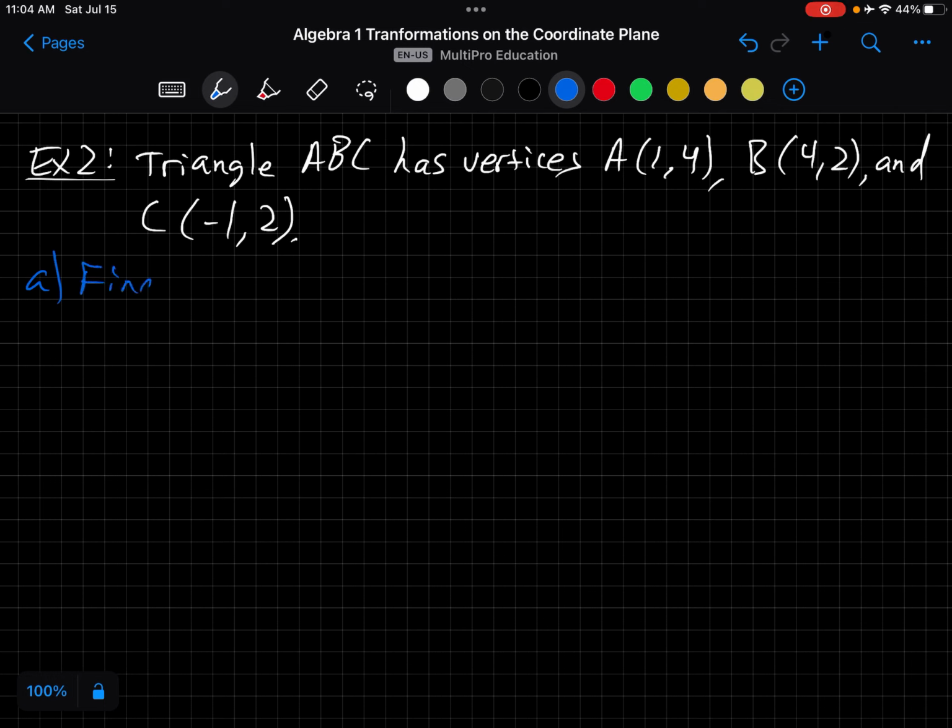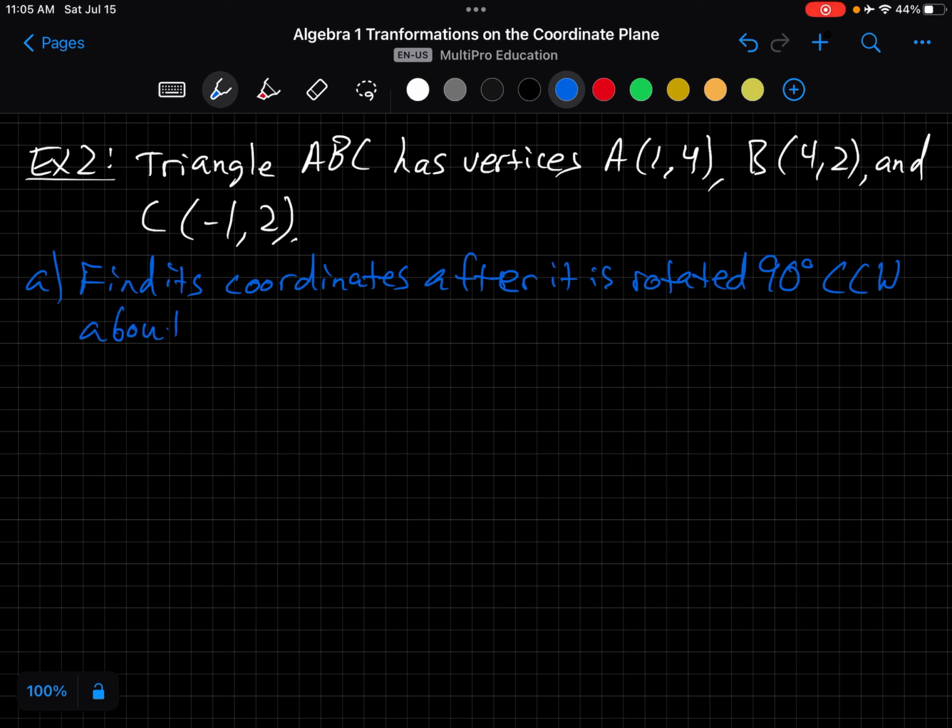We have A. We want to find its coordinates after it is rotated 90 degrees counterclockwise about the origin.